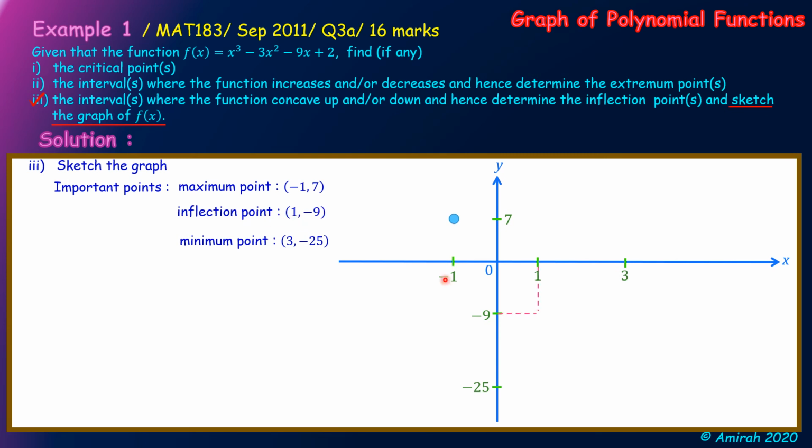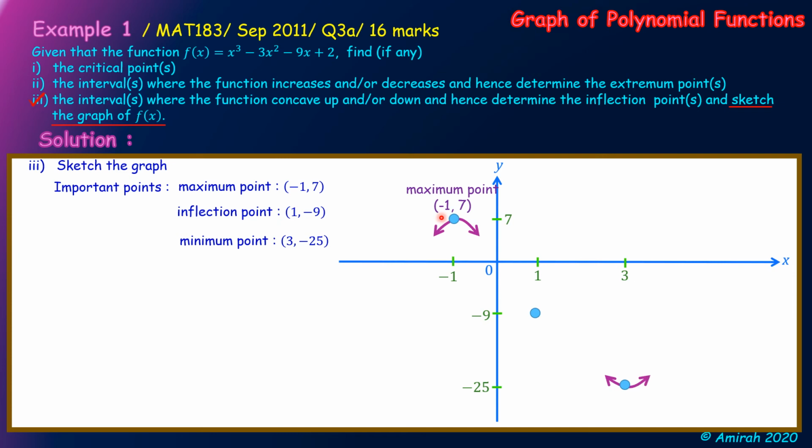After that we point out the coordinate (-1, 7) here, the coordinate (1, -9), and the coordinate (3, -25). And after that, we draw a small maximum curve at coordinate (-1, 7) here. So the maximum point is (-1, 7).